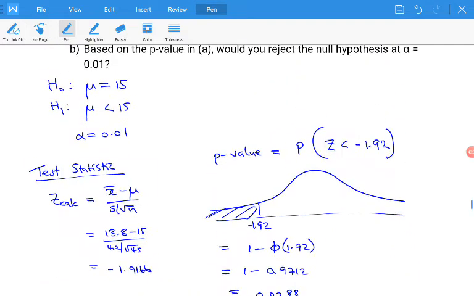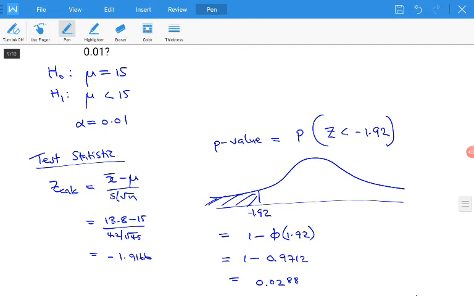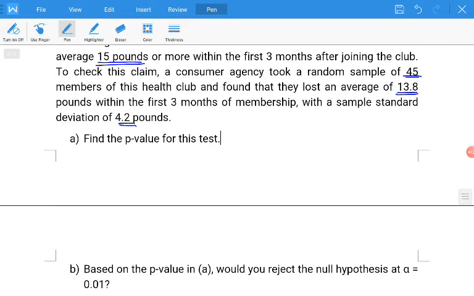So we therefore conclude that the members lose on average 15 pounds within 3 months of joining the club. So that's how we deal with question number 6.